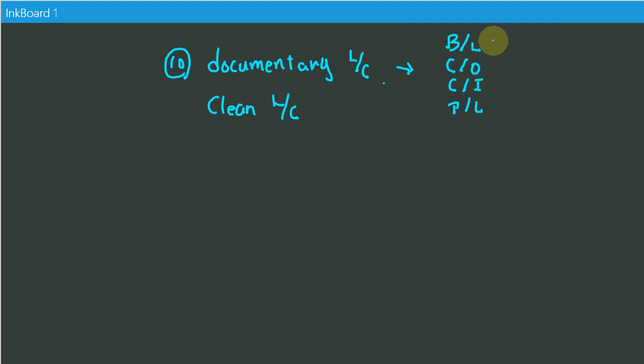The documents requested. This documentary LC includes BL, CO, CI, PL, like this. The documents, okay?